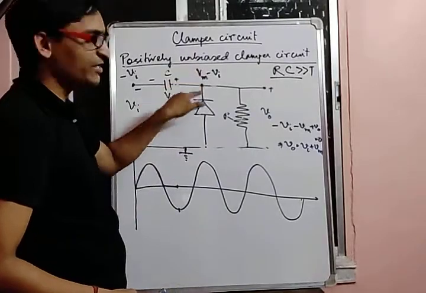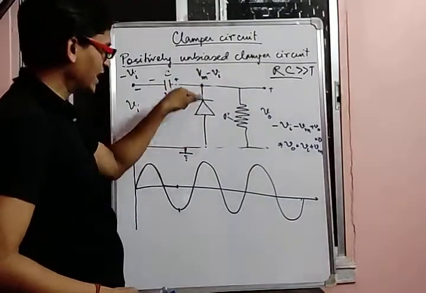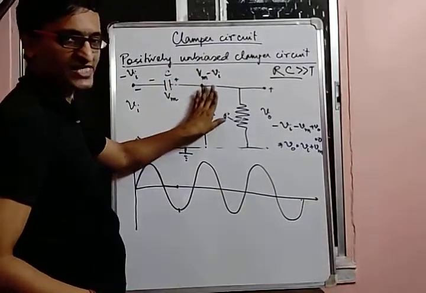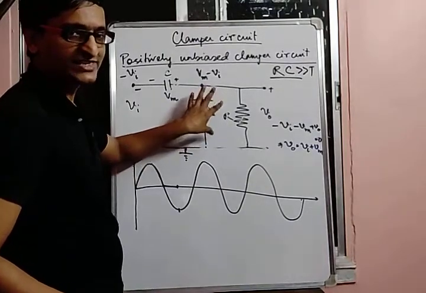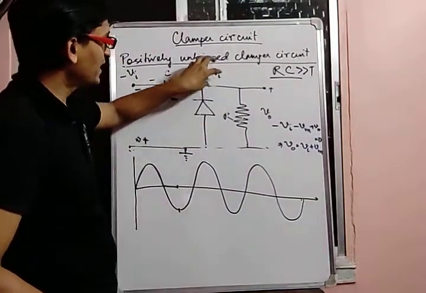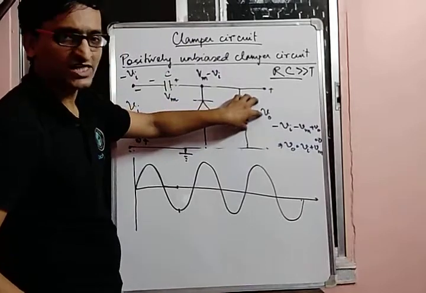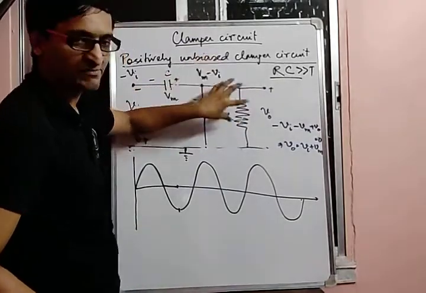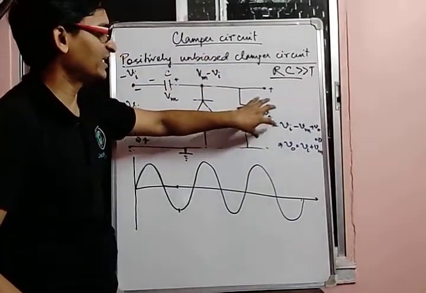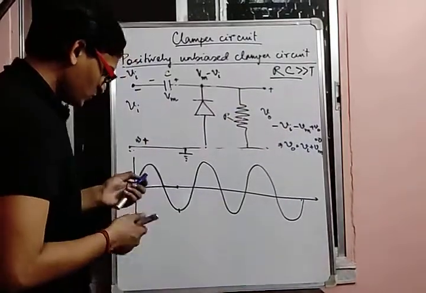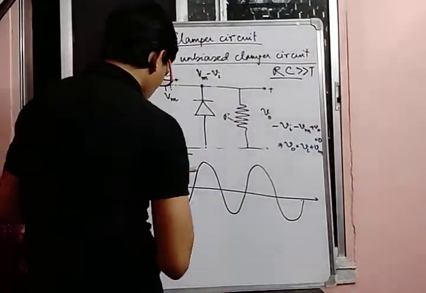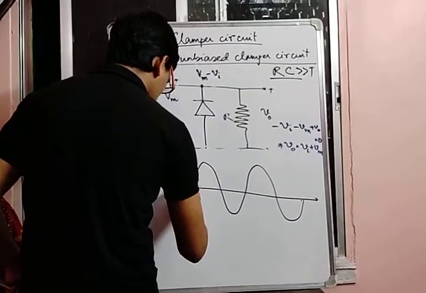That means the diode will be reverse biased and will act as an open circuited path. Since it's acting as an open circuited path, this Vm minus Vi voltage will appear across the resistance R, that means at the output. So now the output voltage will vary somewhat like this.